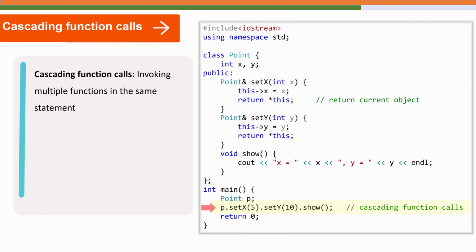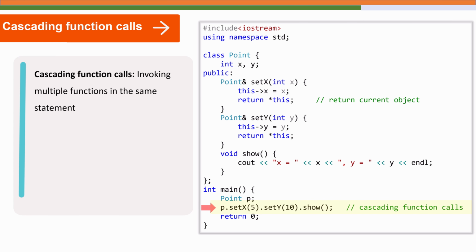Now let's look at another powerful use of the this pointer: cascading function calls, also called method chaining. Sometimes we want to call multiple member functions on the same object in a single line, like obj.setX(5).setY() and maybe many other calls in a single line.